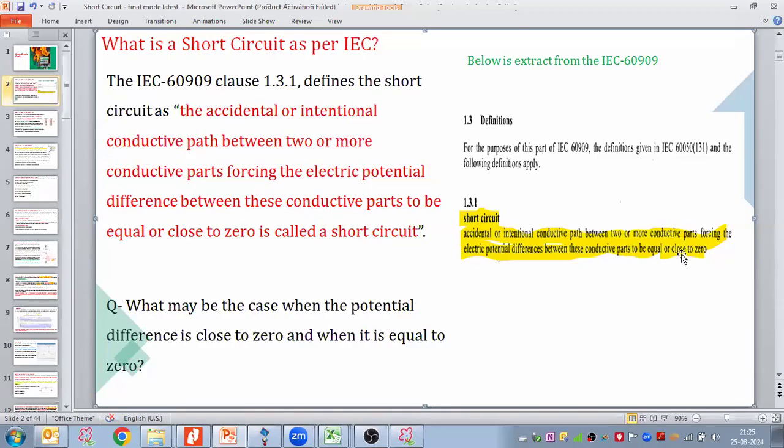Close to zero means it is not zero, it is nearby zero, correct? Any example of short circuit situations when it would be close to zero and when it would be equal to zero?